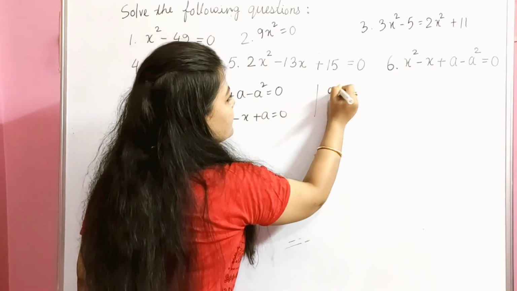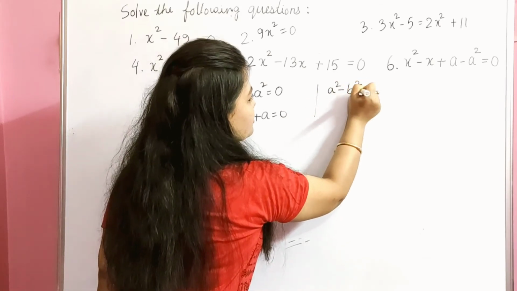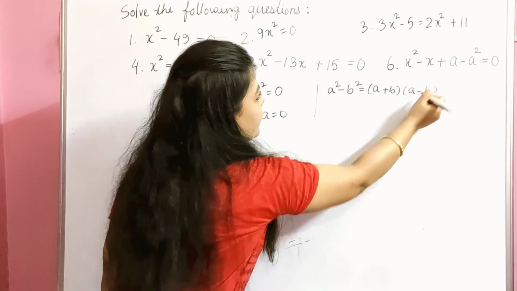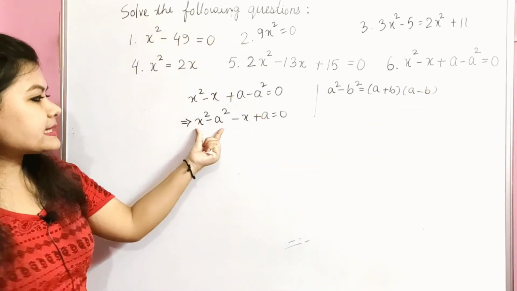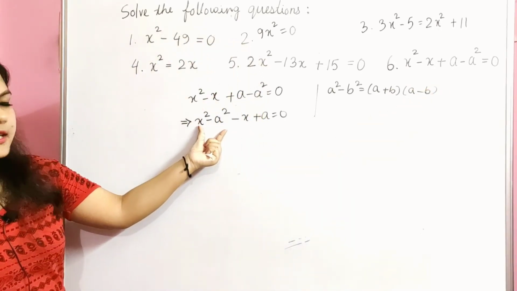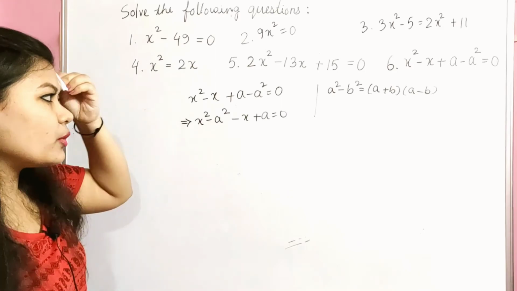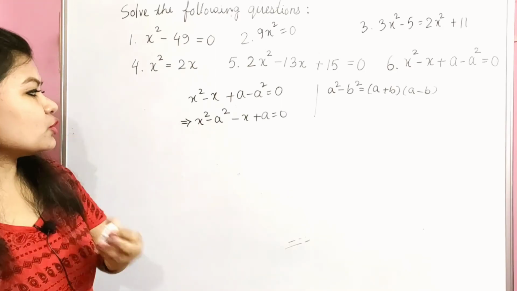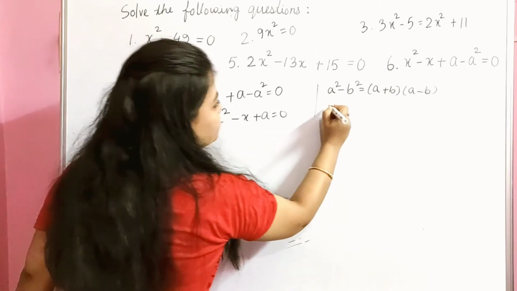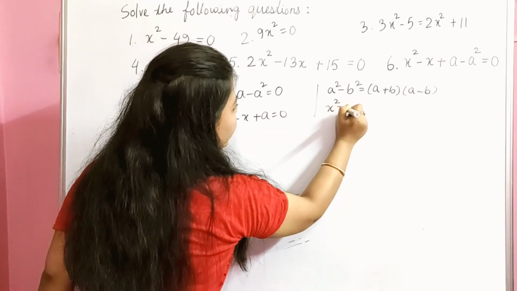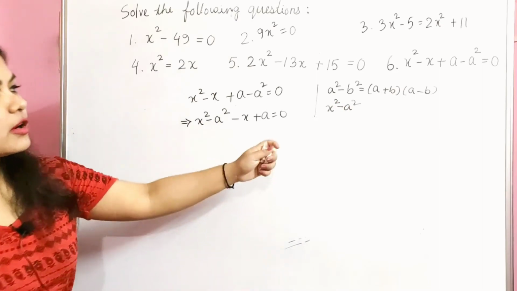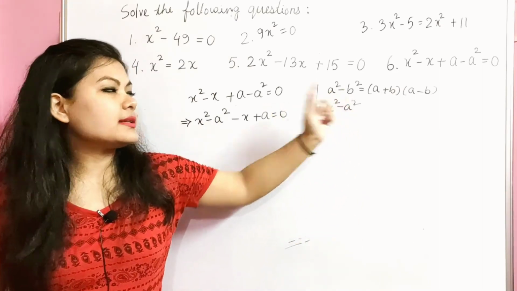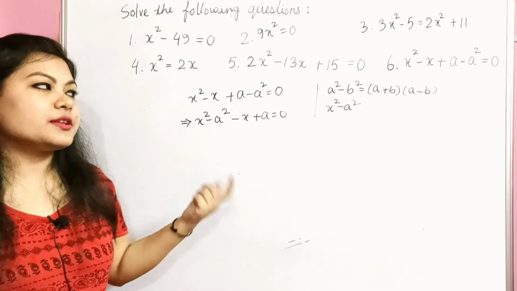We know that a square minus b square equals a plus b into a minus b. Now see here, x square minus a square is in the form of that formula. If you compare these two terms, it is similar to that formula, but the terms are different.